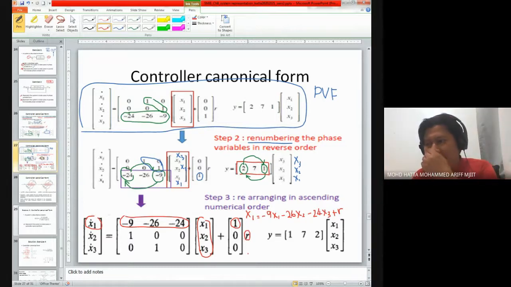For the next differential equation, I have x2 dot over here, which is given by x2 dot equals x1, x1 plus 0 plus 0 plus 0. So only x1.